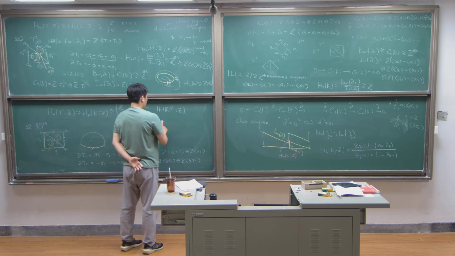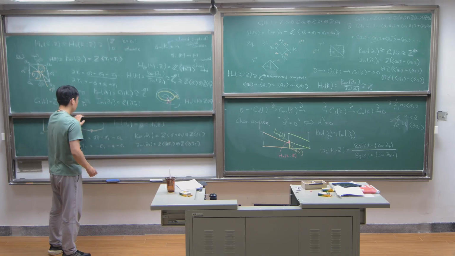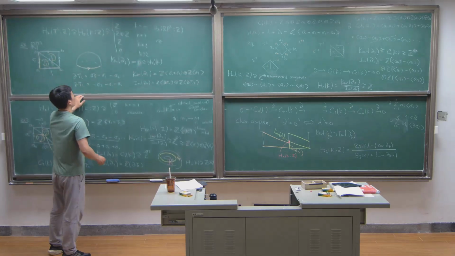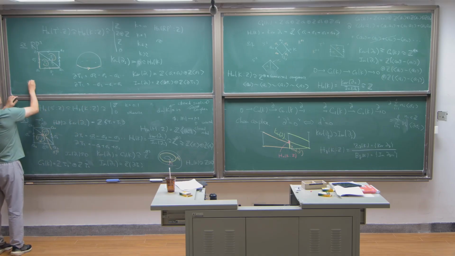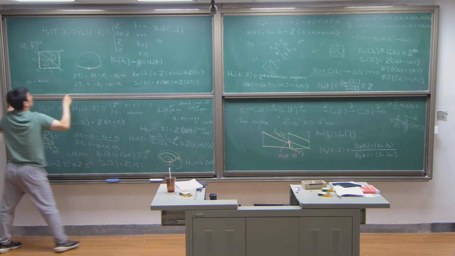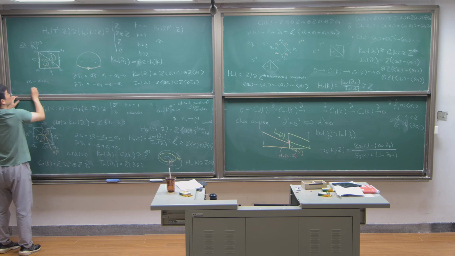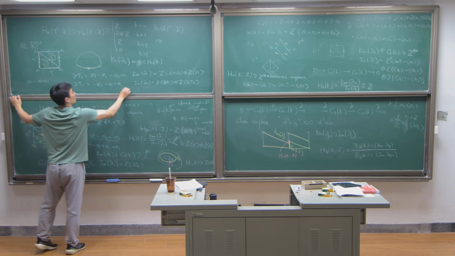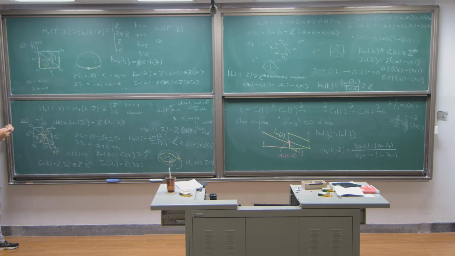So sigma 3 is identified as sigma 1 plus sigma 2 by this relation, because this is equal to 0. But now plug that one into here. Then this is equal to 0, meaning that 2 times sigma 3 is 0. Do you understand what I mean?